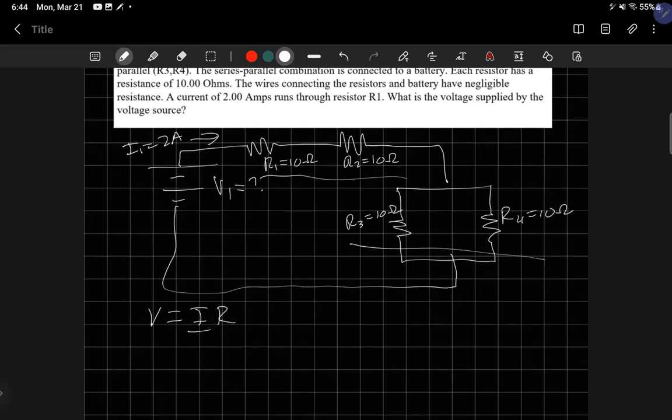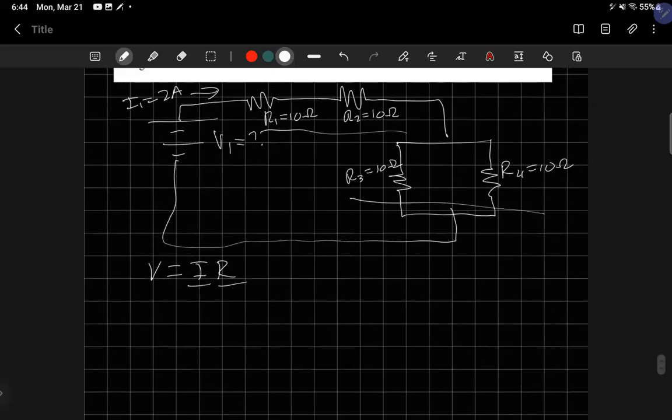So I is given. R is what's going to be kind of difficult, but if you know how to add up resistors, it shouldn't be too hard, especially in the given circuit. I would first start with your resistors that are in parallel.